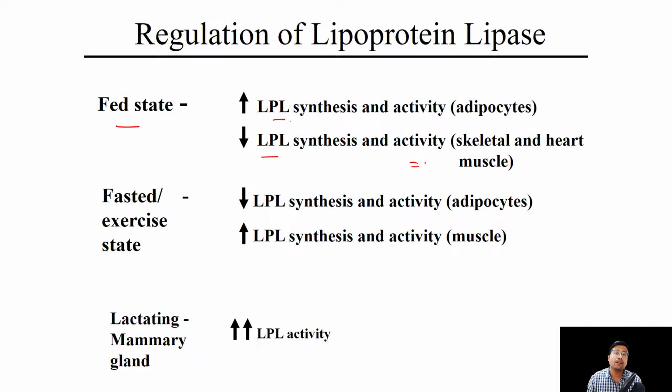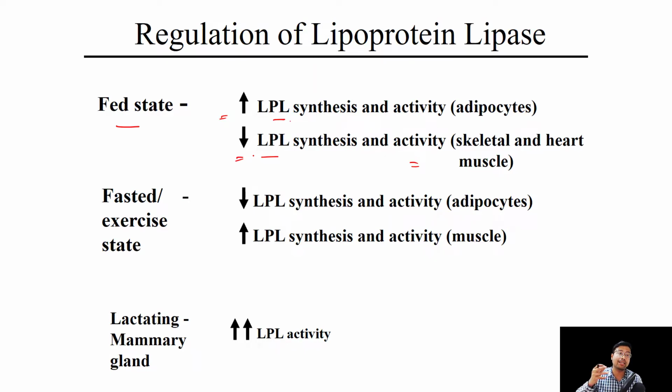So when we have already eaten much, the fat cells can increase the store by synthesizing more and more, and so it needs lipoprotein lipase. But in fed state, when you are well fed, the skeletal and heart muscle do not need fatty acid for energy. Hence, lipoprotein lipase level is low, right?